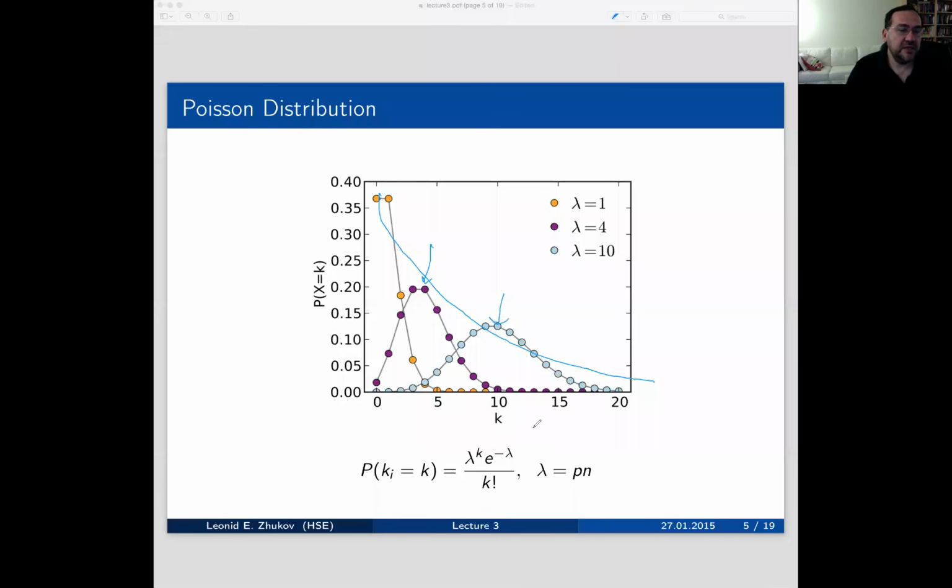That means the majority of the nodes have a degree around, for this parameter, about 10. There are some nodes with a lower degree, and some with a higher degree, which means most of the nodes have 10 neighbors, 10 friends in this model. Some nodes have fewer than 10, some have more than 10, but not very far away from that.